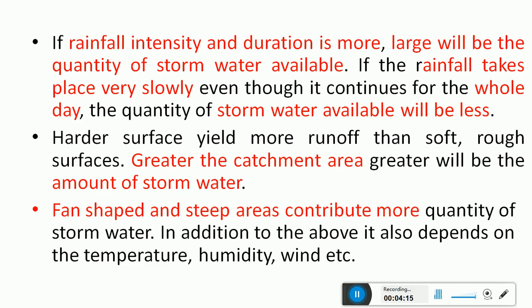Similarly if you have a very high wind velocity at a particular region where the rainfall is occurring, it will move the clouds away, and so the rainfall occurring over a particular area for a particular time starts to reduce. Likewise it depends on the different parameters which are shown here in this slide.